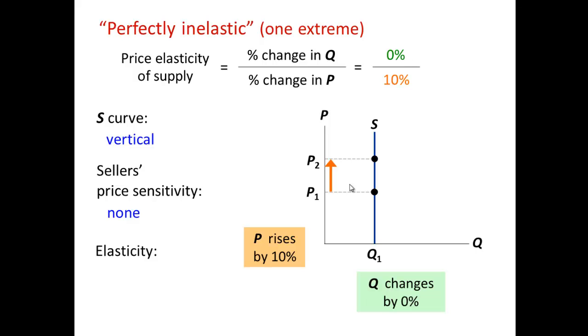So if that set number of seats is 1,000, then your quantity will stay at 1,000. It doesn't matter what price you charge for those tickets, they can only sell 1,000 tickets. That's a real-world example of perfectly inelastic.